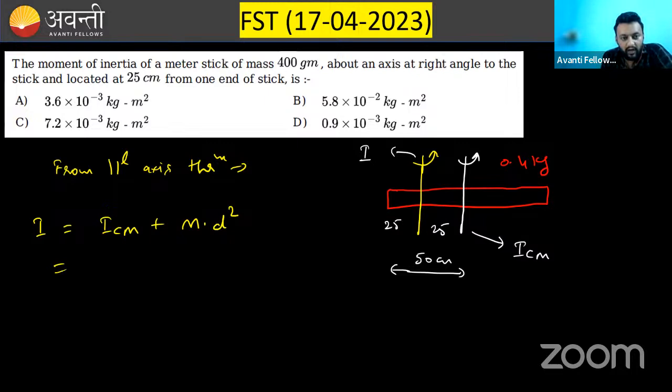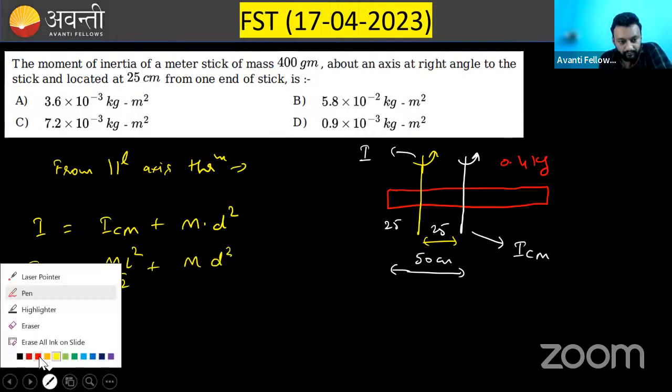Can anyone tell me the moment of inertia about the center of mass? Do you remember the relation? About the center of mass, it's ml square by 12 plus m times d square. This distance is 25 centimeter, so we will place this value in the next step.